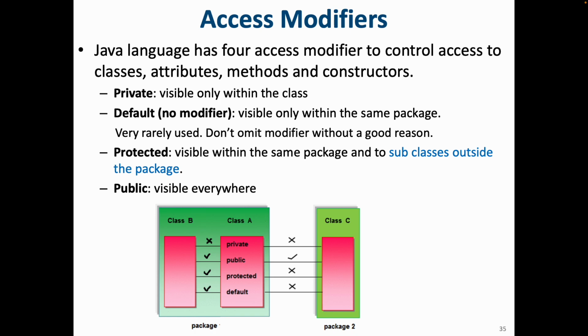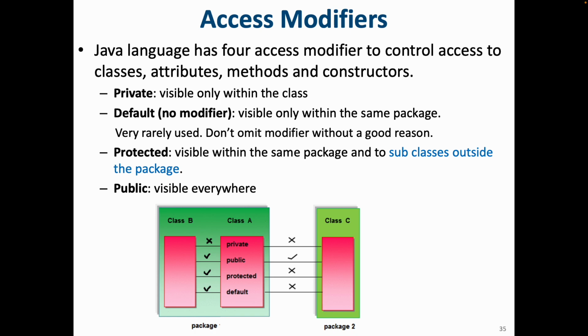Now, what are protected and default? For the default case, I can access it if the classes are within the same package. So I can access it from class B, but I cannot access it from class C because it is in a different package. The protected has a slight difference, and this figure is a bit misleading.